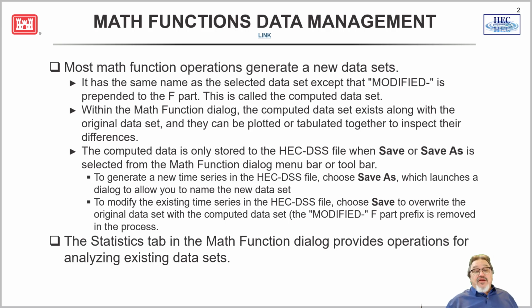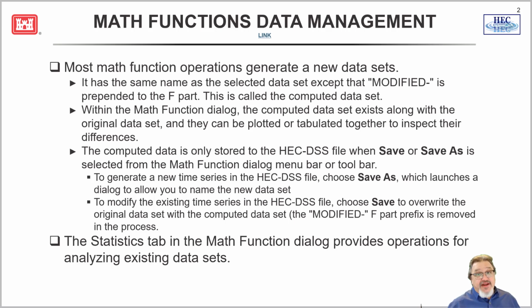However, if we want that computed data set stored to DSS, we must hit either save or save as from the toolbar or the menu bar. If we say save, it will write it back to the DSS file with the path name as it exists, with the modified dash before the F part of the original data set name.